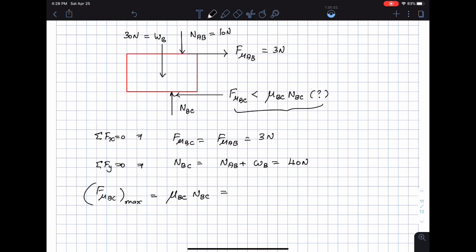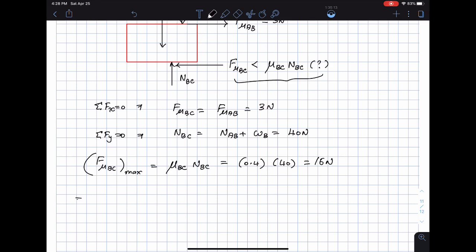If I go back and look at the value of the friction force, this was 0.4, right? So that is 0.4 times 40. So this is 16 newtons, which obviously means that F mu BC, which is equal to 3 newtons, is less than mu BC times NBC.